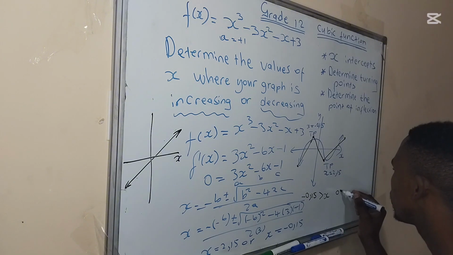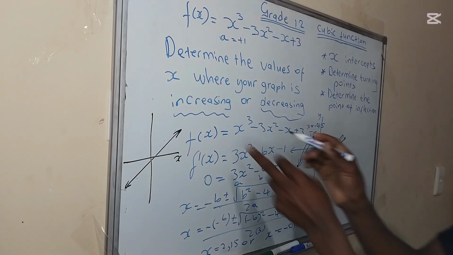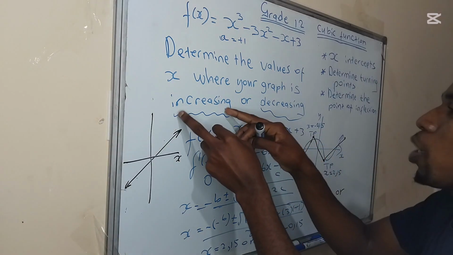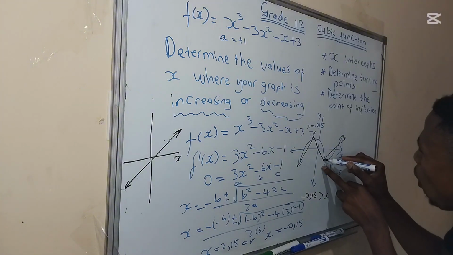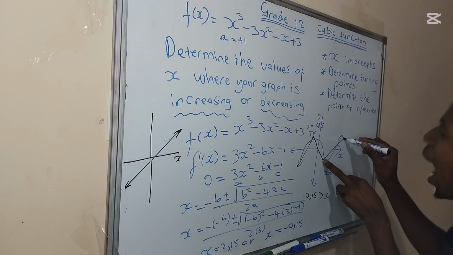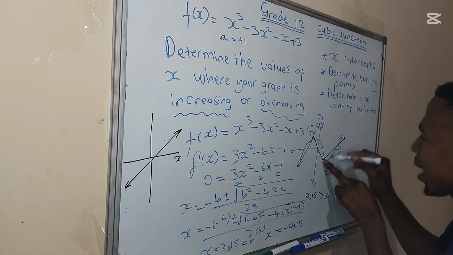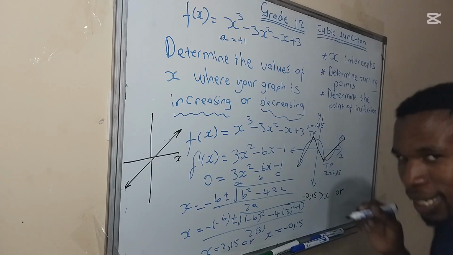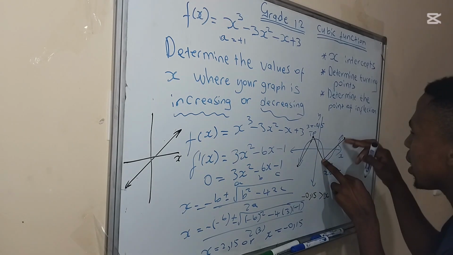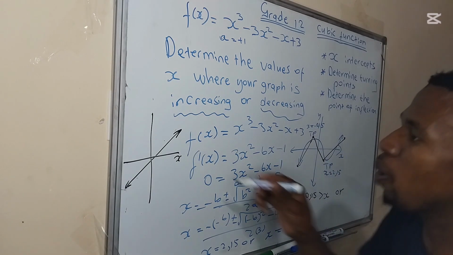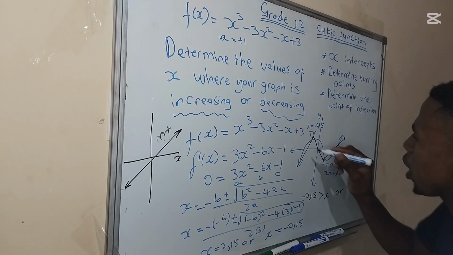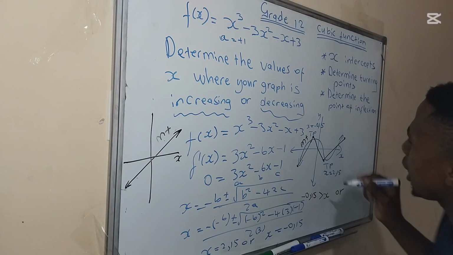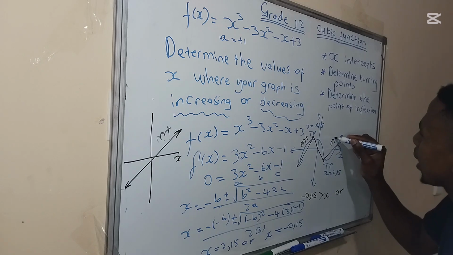Or our graph is increasing whereby the values of x from this point to this point, the gradient of our straight line is also increasing, meaning that we have a positive gradient. Even here we have a positive gradient.